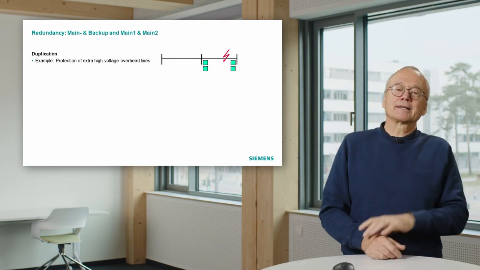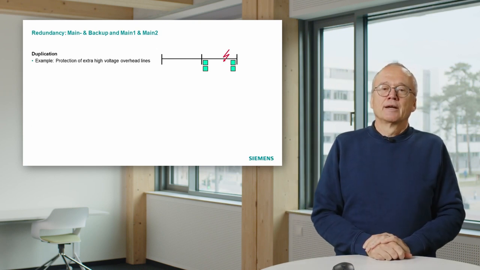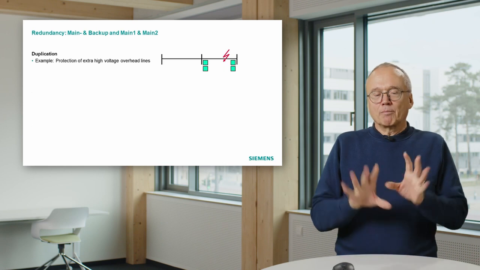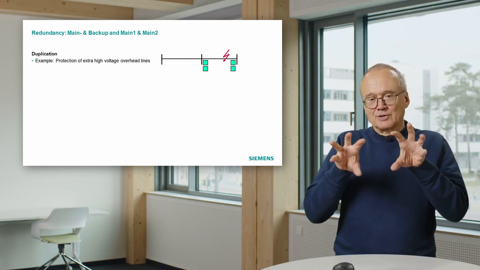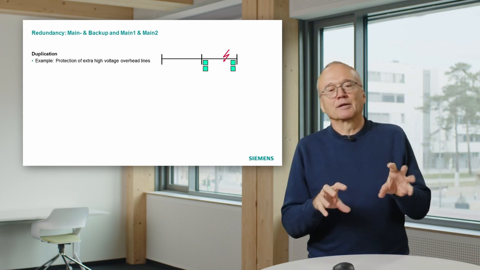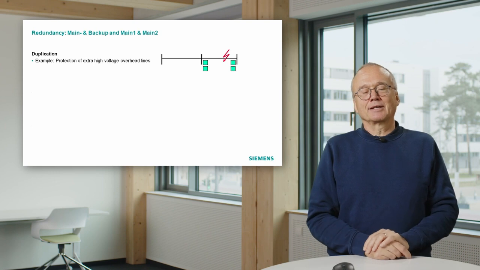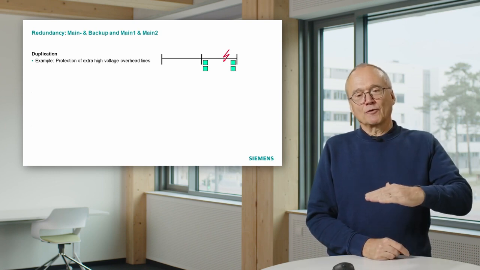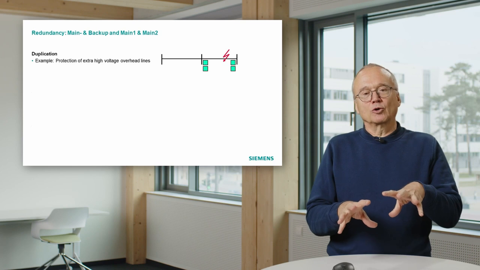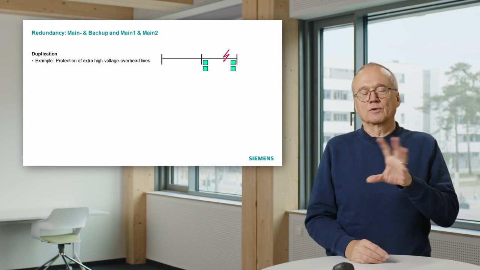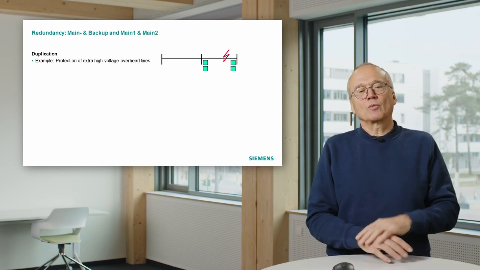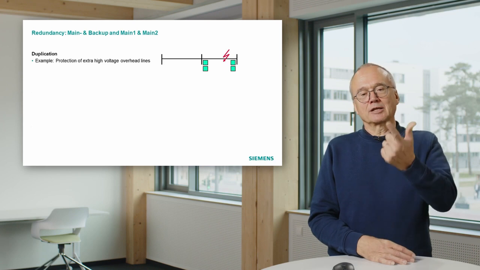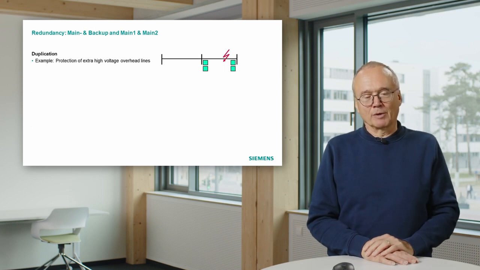But state of the art in this context is both relays or both protection schemes are independent. That means both relays can trip. That means you can even take one of the two protections temporarily out of service for maintenance or some changes. Then the other one will remain in operation, and if there is a short circuit, it will trip.